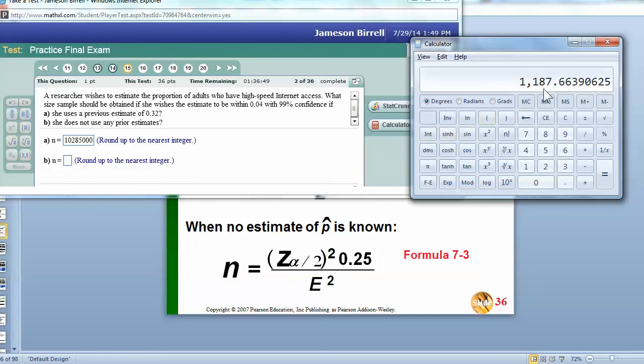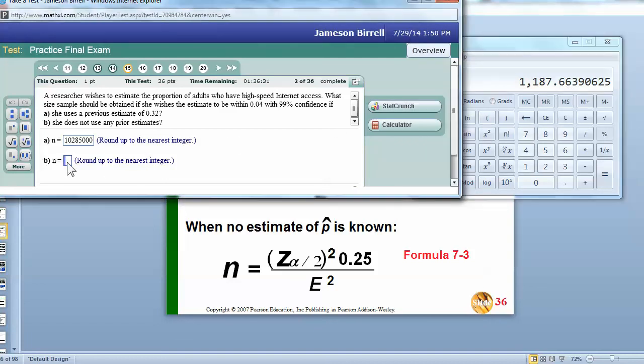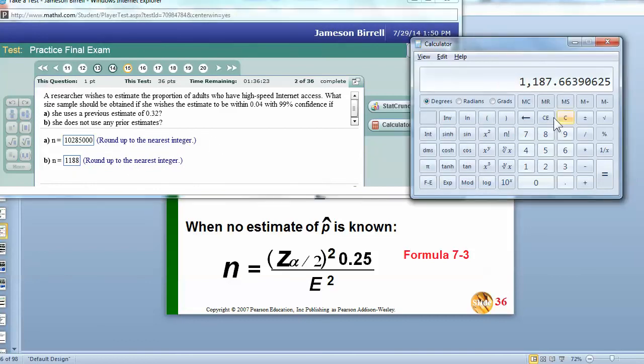But let me do the demonstration of what I was trying to say about minimum here. If this is the minimum, then even if this wasn't a 6, keep in mind, I'm rounding it up, but even if this was a 4 or a 2 or a 0.1, I would still round this up to 1188 because that's the smallest it's supposed to be. Now let me recalculate the top one.